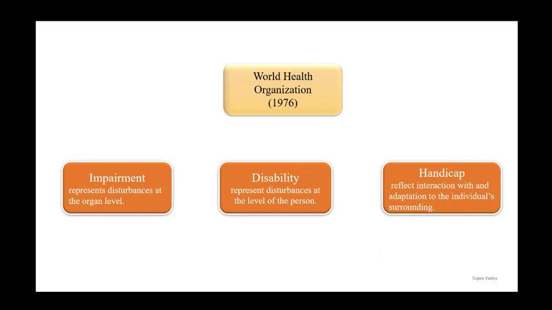Disability reflects the consequences of impairment in terms of functional performance and activity by the individual. It represents disturbances at the level of the person. Handicap is concerned with the disadvantages experienced by the individual as a result of impairment and disabilities. That means it reflects interaction with and adaptation to the individual's surrounding.